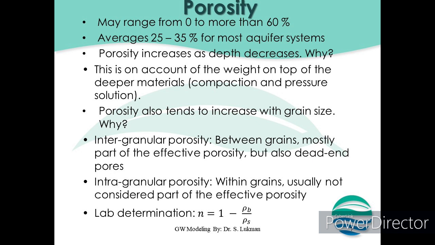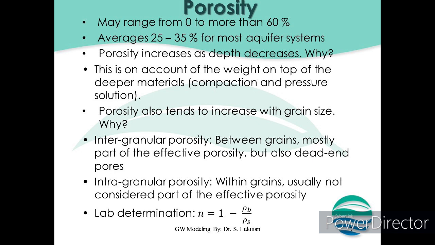There is some simple way probably to do it, but you can do this by determining the bulk density over the solid density, because the bulk density is different from the solid density. But then there is another simple way, because porosity is the volume of the void over the total volume.